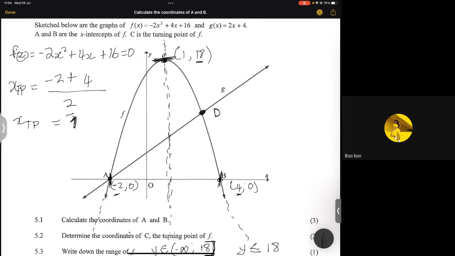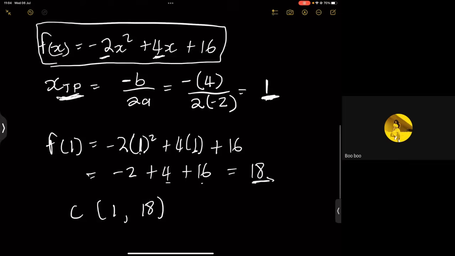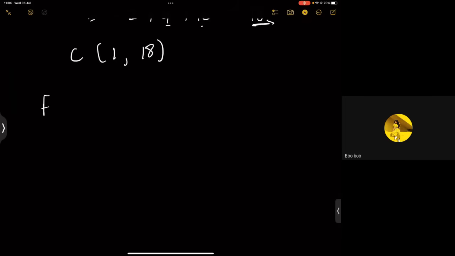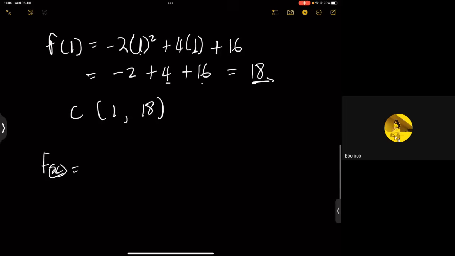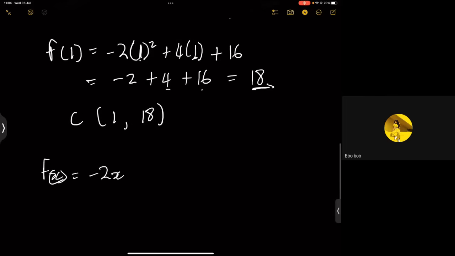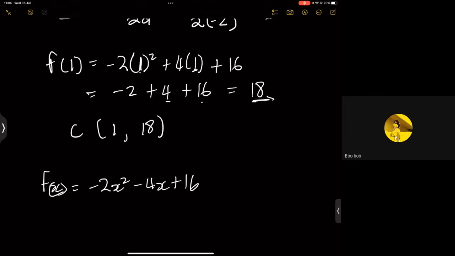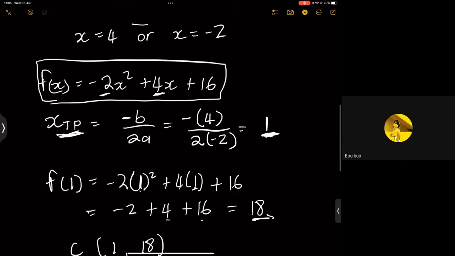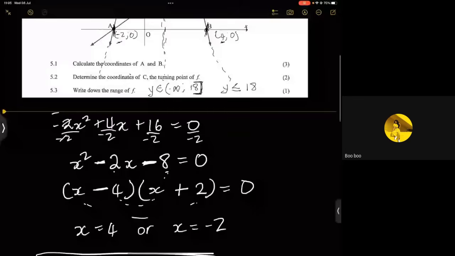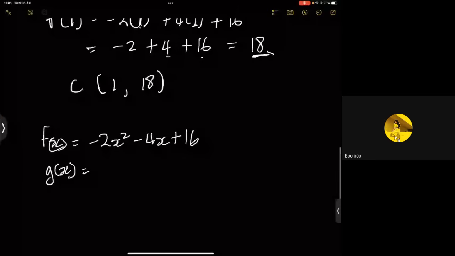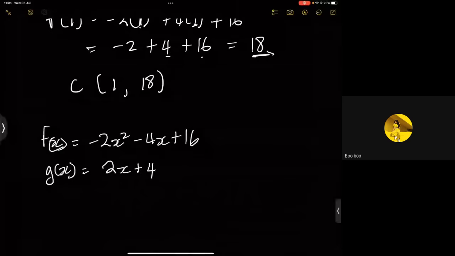So now if we are looking for the value of D, remember we said f of x was minus 2x squared plus 4x plus 16, and g of x, I believe, was 2x plus 4. Now, we said what's happening at that point D?